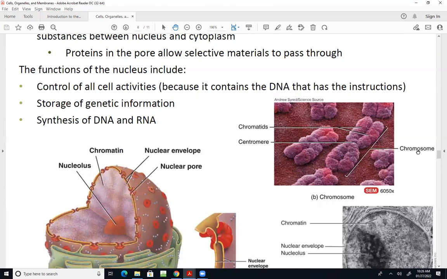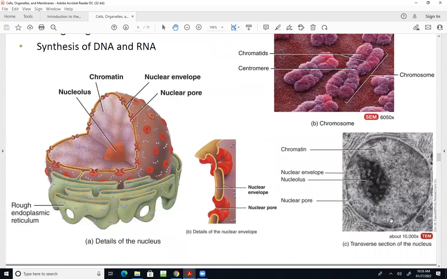Now, what we see most of the time, like what we show down here, this is a zoom in of a nucleus, is that cells don't always have their DNA organized into chromosomes. Only before a cell gets ready to divide do the chromosomes appear.